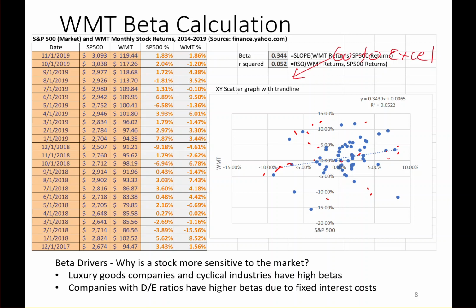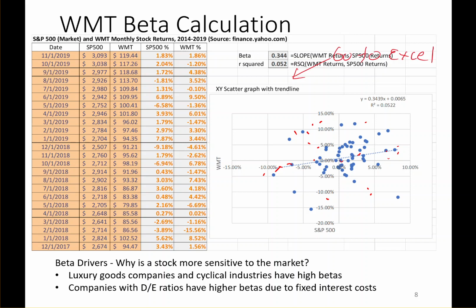So you'd think they'd have a low beta because as the market goes up and down, it's not influencing the total returns of Walmart. On the other hand, Walmart has very little debt. So when the market is booming or down, it's not going to have a big effect on Walmart. Firms that have lots of debt, when the market goes down, they go down even further because they have these fixed costs for their capital and they have to keep paying them.